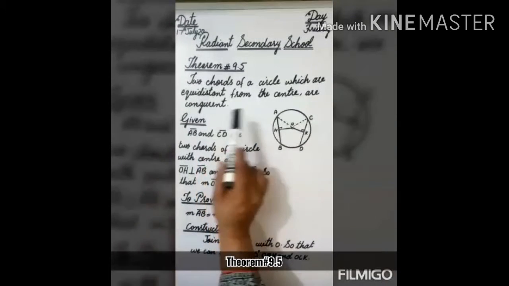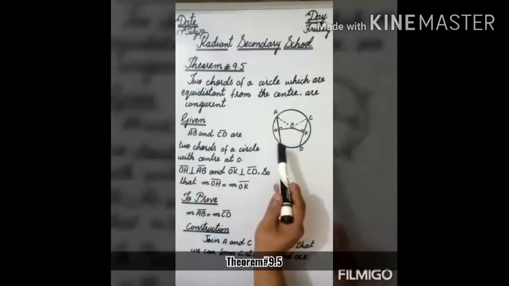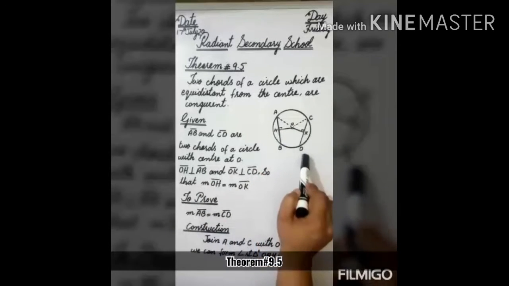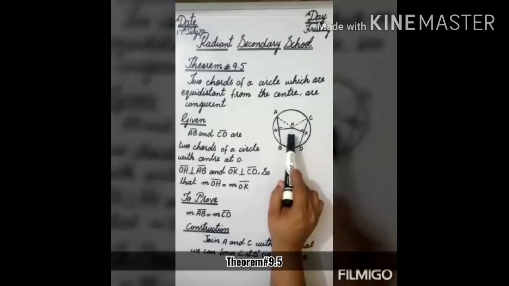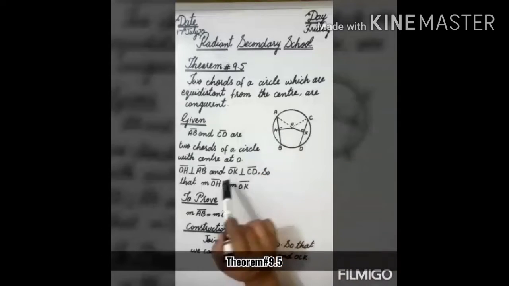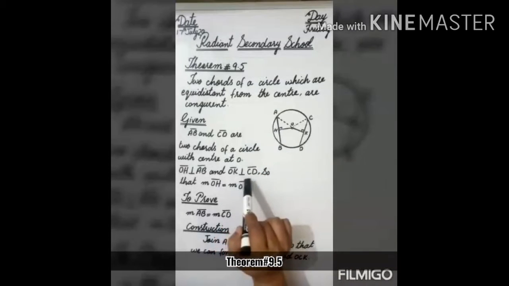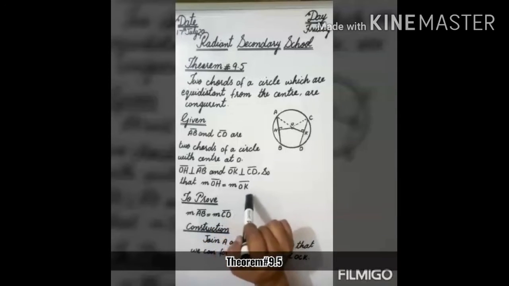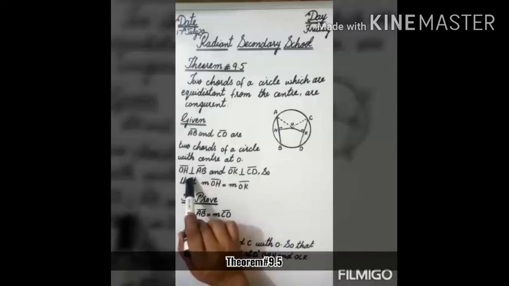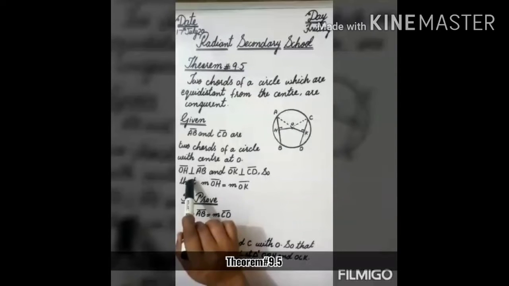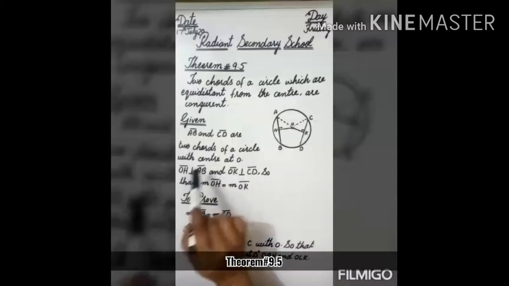Congruent means equal. Now in the given we have two chords AB and CD of a circle with center at O, and OH is perpendicular to AB and OK is perpendicular to CD, so that measurement OH is equal to measurement OK. Now there is a sign of perpendicular. Perpendicular means when a line intersects another line by making an angle of 90 degrees, it is called perpendicular.